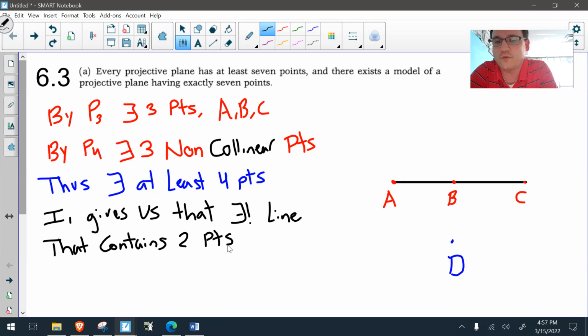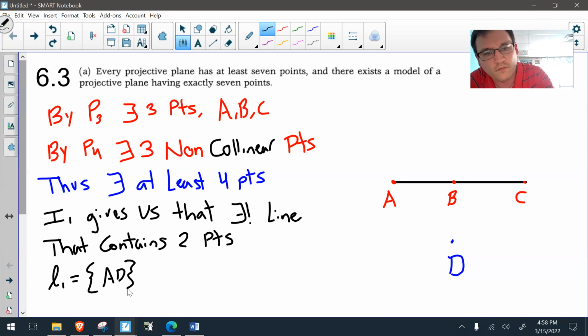Okay, so what we can do is draw 4 more lines. For example, we have L1. L1 is going to equal the set AD. L2 we'll call BD.